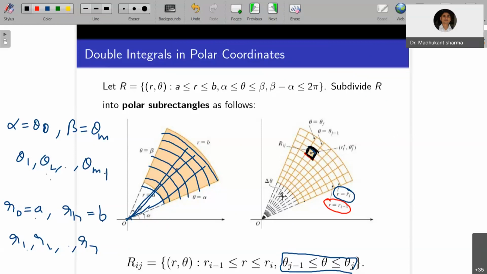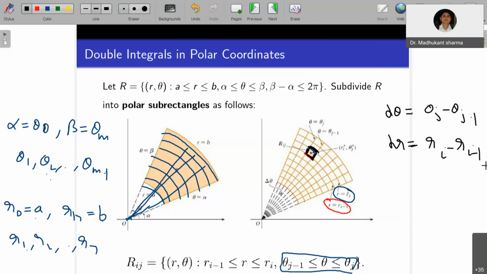Up to here, I can define d theta equals theta j minus theta j minus 1, and let's take dr equals r i minus r i minus 1.